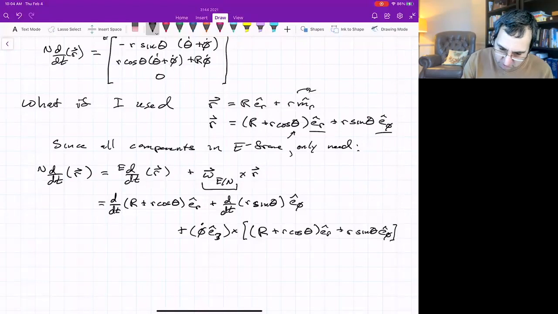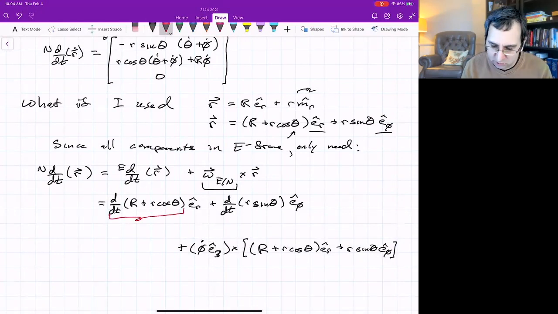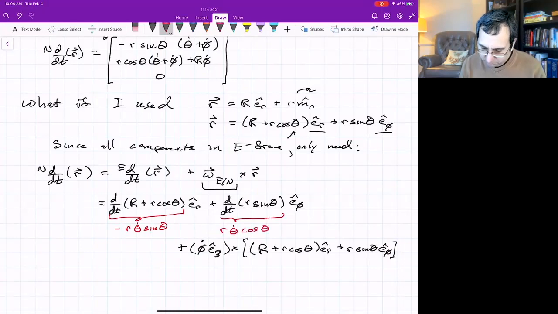What do I pick up here? Maybe I'll move this down a little bit. Bit of a cheat. Okay. Because theta does change with time, I'm going to pick up, this will be negative R theta dot sine theta. And what about here? R theta dot cosine theta.